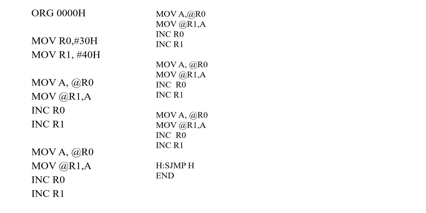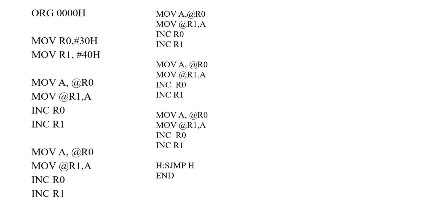This is a program for transferring the 5 data stored at memory locations 30H to 40H onwards. So again here the initial setup is ORG 0000H, which specifies the starting address of the program at memory location 0000H.